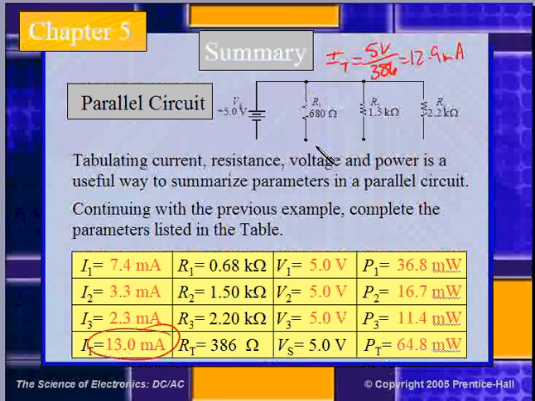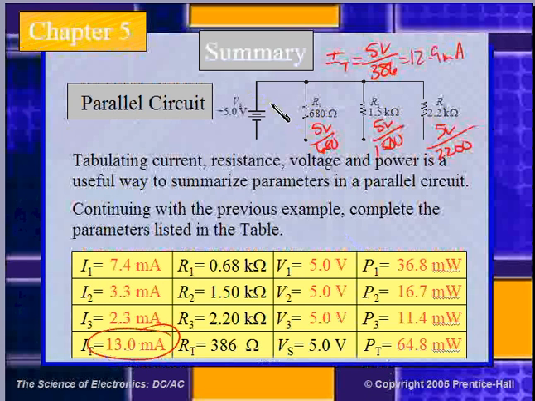To get individual currents, I would take 5 volts over 680, 5 volts over 1500, and 5 volts over 2200, and that will give me my individual currents, and the individuals add up to 13.